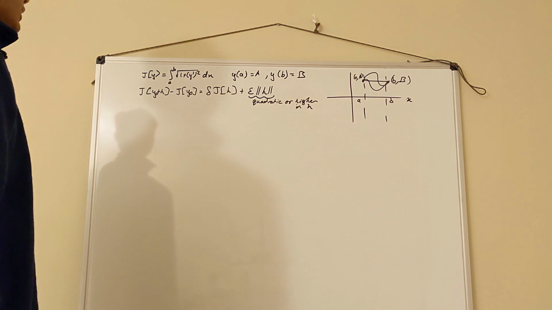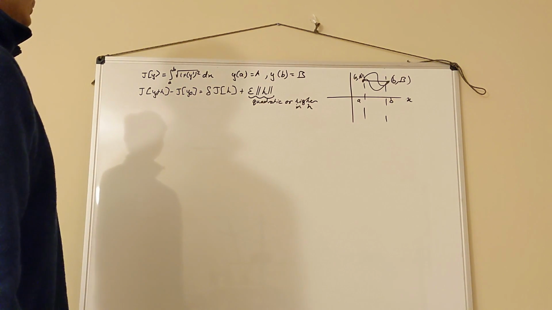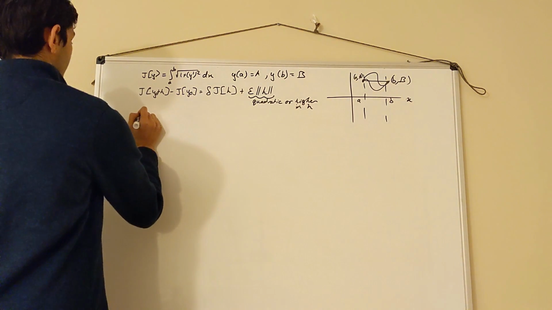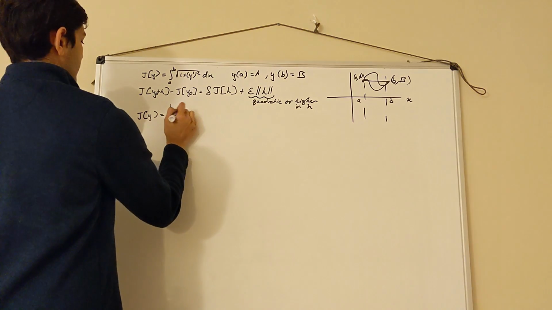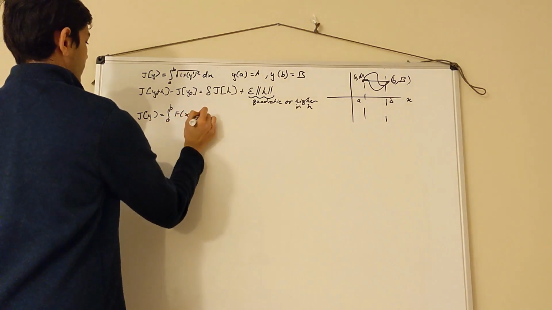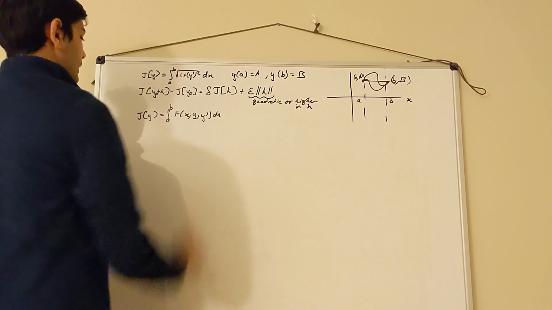Remember that right now we're considering functionals of the form J of y equal to the integral from a to b of f of x, y, y prime dx.